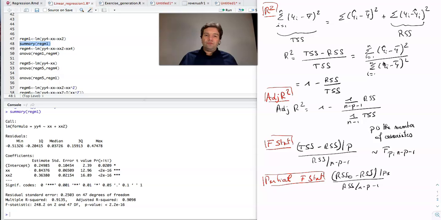If you have 100 covariates, you will have 100 covariates that explain the income. You will have a higher R square, but that does not mean the 100 covariates are important. Absolutely not.